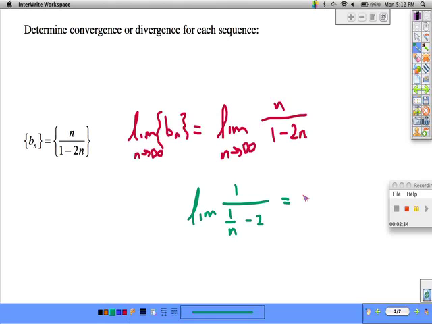Dividing everything by the highest power of n, this is equal to negative 1/2. So this sequence, b sub n, converges to the value negative 1/2. If you were to list out many terms for this, we would find that it's getting closer and closer to negative 1/2.